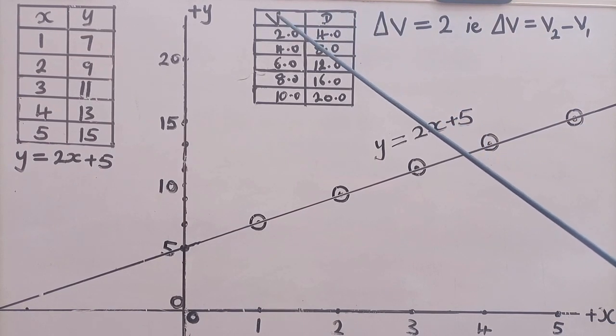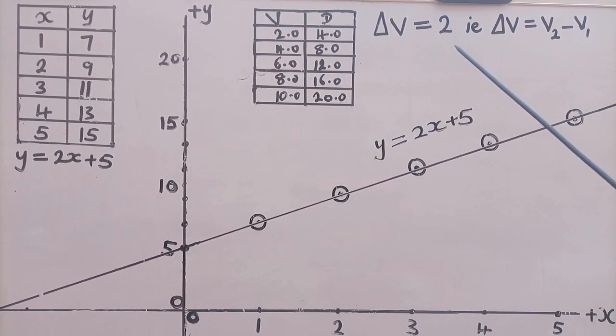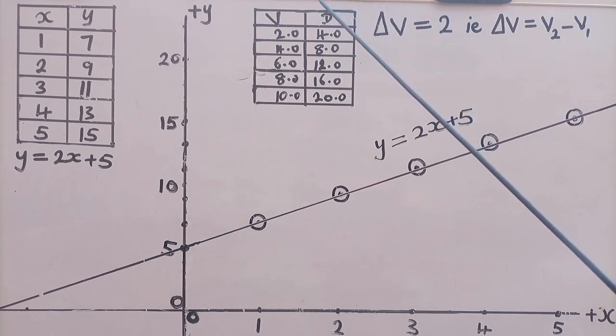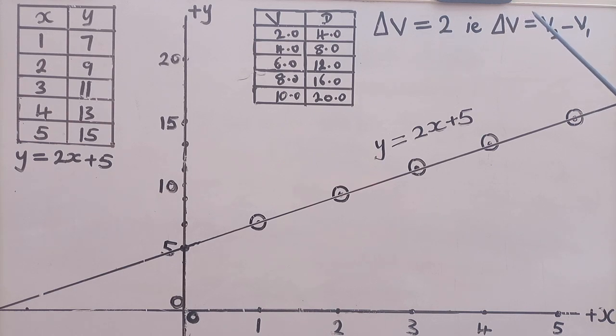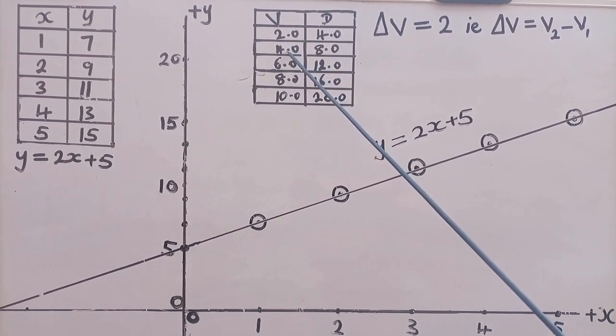I hope you know how it was gotten when I was talking about it. Then how was this 2 gotten? The 2 was gotten simply by saying V2 minus V1. V2 means a volume after the first, that is, a volume that succeeds V1.